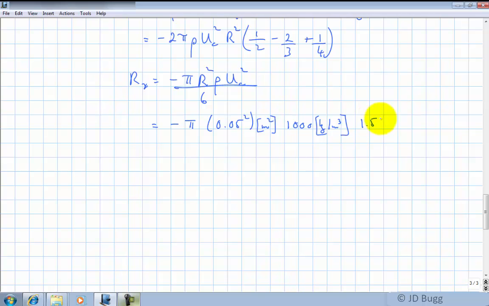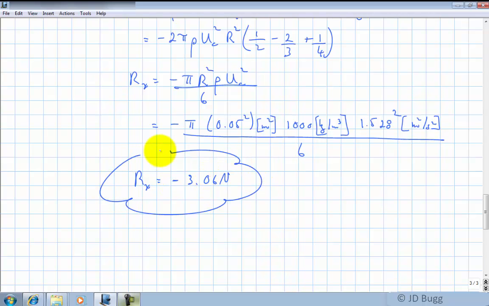So 1.528 squared, that will be meters squared per second squared, divided by 6. So that reaction works out to minus 3.06 newtons. So that's the reaction force. So remember, this is a force on the control volume.